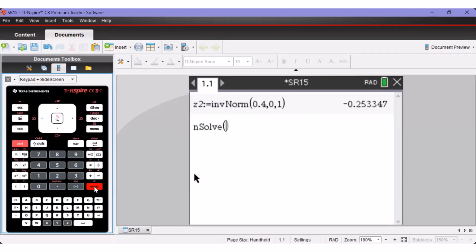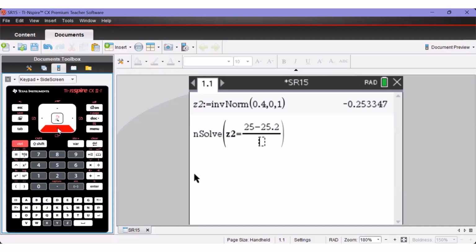And the equation we're going to solve is, if you press var, highlight Z2 and press enter, you could have typed it in. Z2 is going to equal control divided by to get a fraction template. So it's 25 minus 25.2.